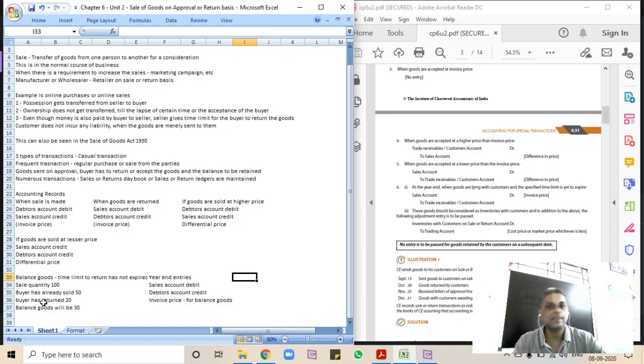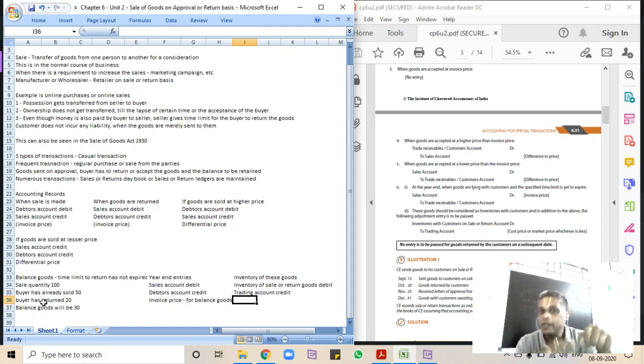We cannot recognize this as sale because the buyer can return the goods anytime. So the sales for this 30 has to be reversed at the invoice price. Then we have to take it to the inventory. Next entry: inventory of sale or return goods debit, to trading account.